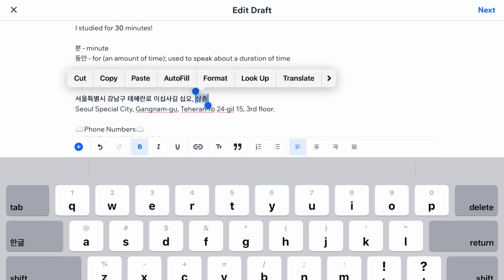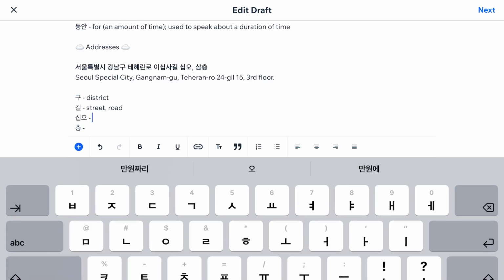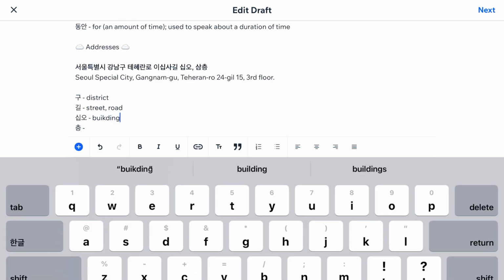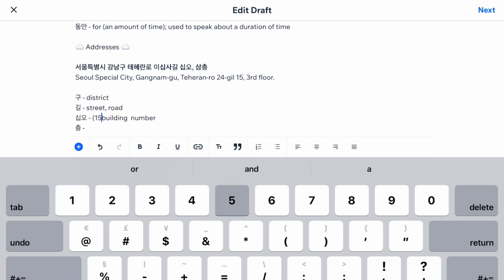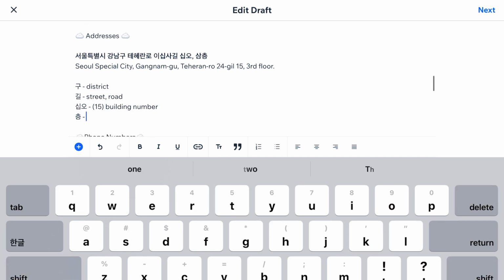And then third floor, 삼층. 층 is like floor of a building. It would be the building number in this case. I'd have no idea what this locates to be honest. And then floor of a building.